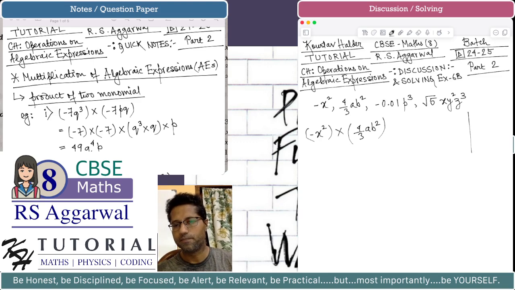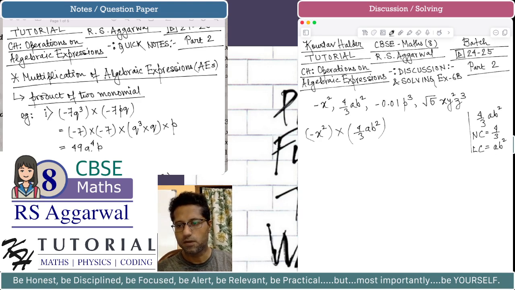For example, if you consider 4 by 3 a b square, the numerical coefficient is 4 by 3, and the literal coefficient is a b square. Likewise, let's say minus x square. For minus x square, the numerical coefficient is minus 1 and the literal coefficient is x square.